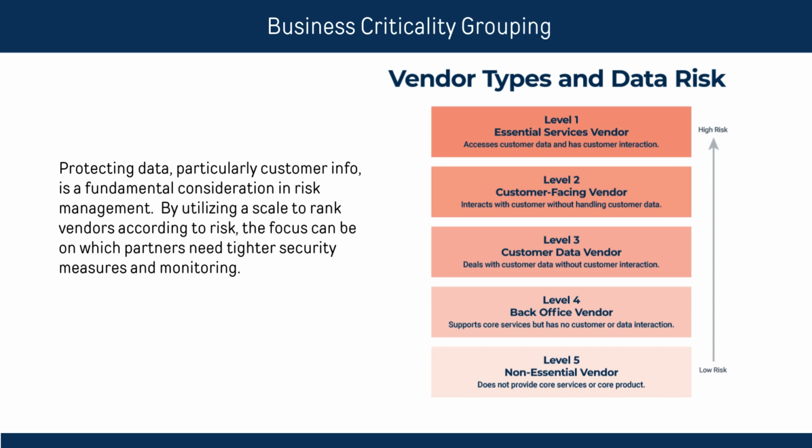Here we have the types of data risk. Protecting data is obviously the most critical and important. We have different levels. Level 5 would be like janitorial, etc., things like that. And as you move up, it's like internal components, critical components. Top would be like HR data, things like that. And then you would go over each group and where they fit into the categories.